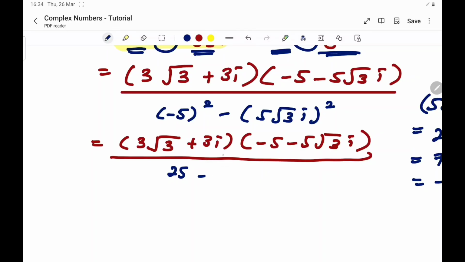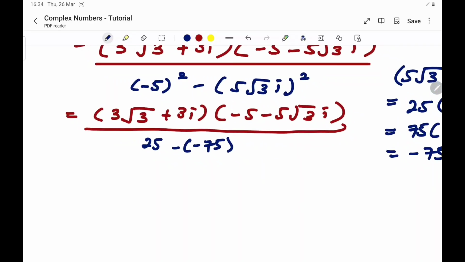So the next step is the one that is on top, the numerator. You have to expand one by one. 3 square root 3 multiplied with negative 5, to make it clearer for you to see.